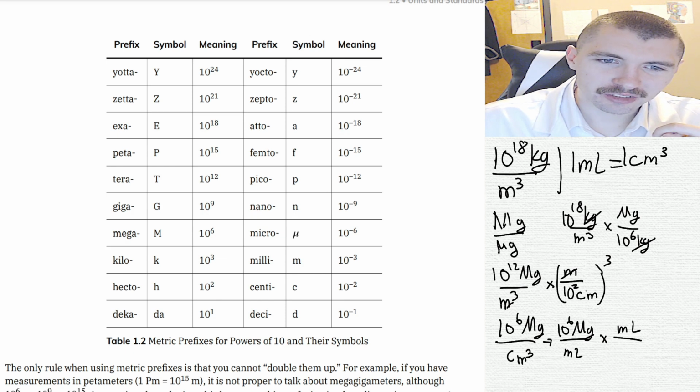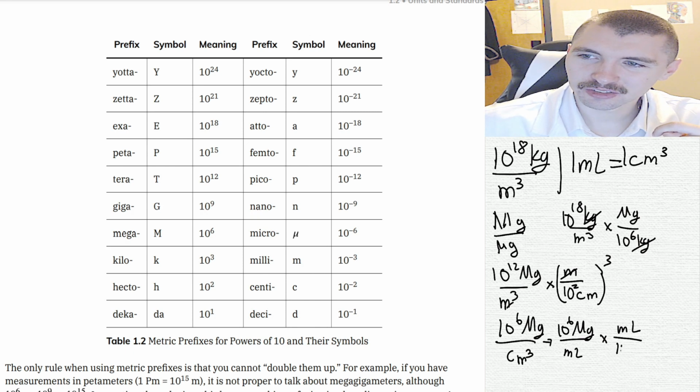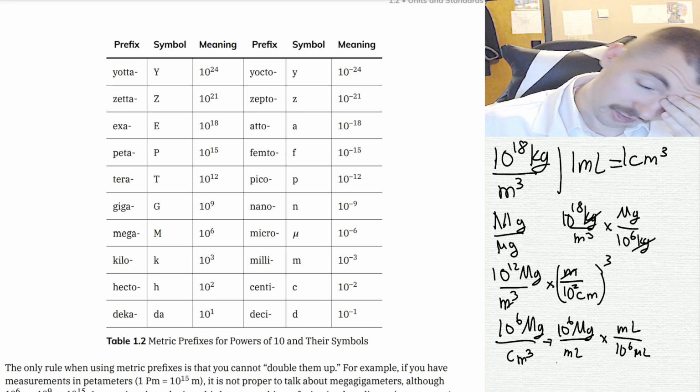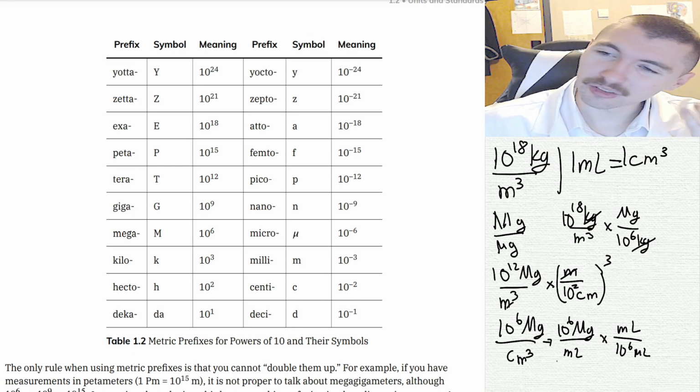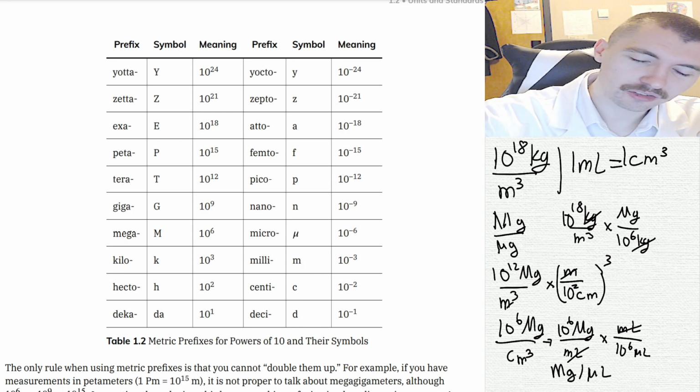Going from milli to micro should also be 10 to the 6. Okay, and then those should just cancel out, and it should just be 1 megagram per microliter.